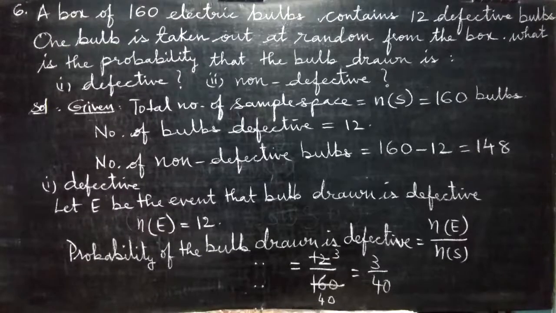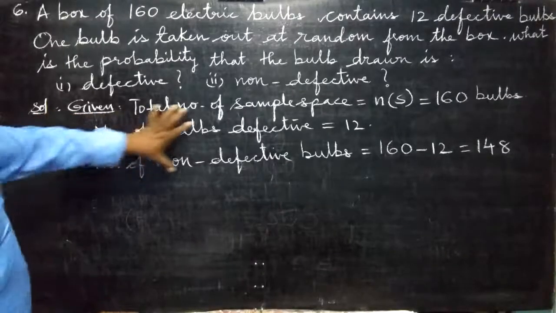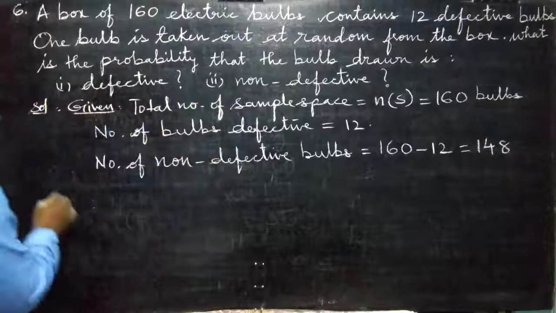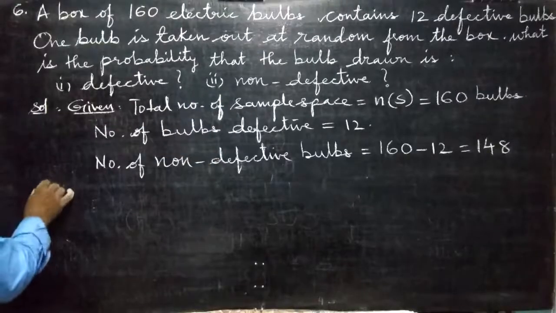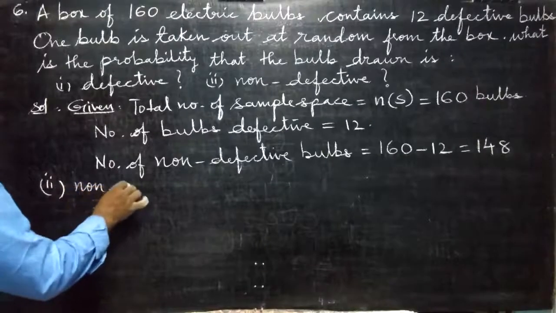Write that one, conclusion. Now second bit. For second bit also same working. What is the second bit? They asked to find non-defective.